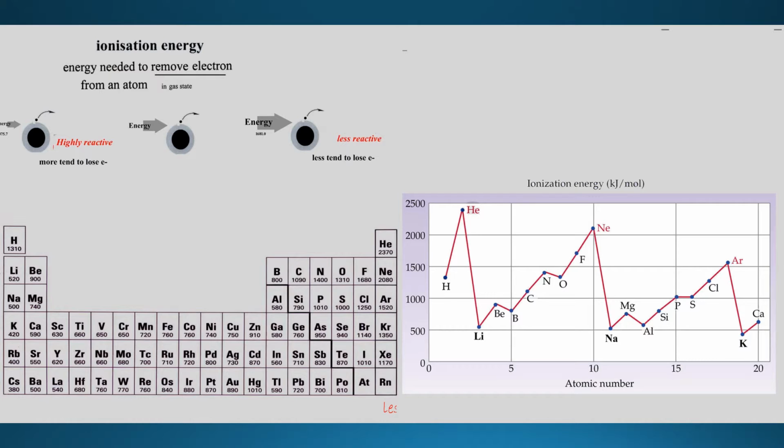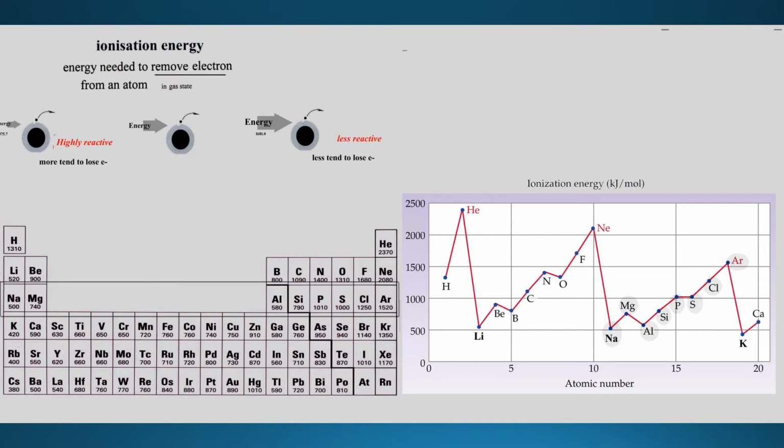Now let's see how this chart corresponds to the periodic table. Period 1, that's what shows on the chart. Period 2, that's what shows on the chart. Period 3, that's what shows on the chart.